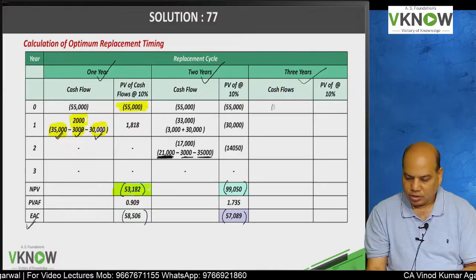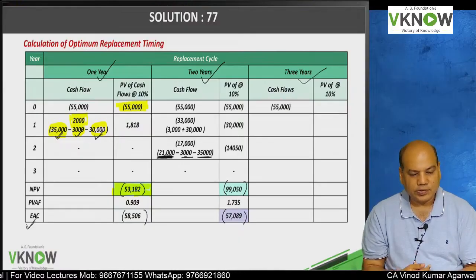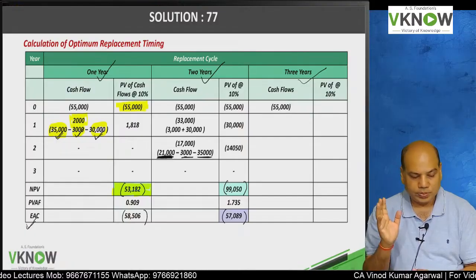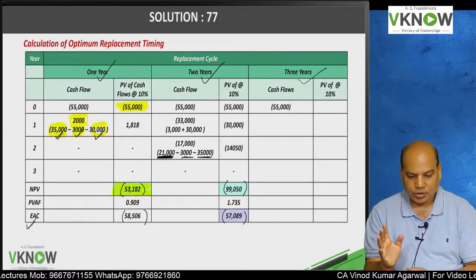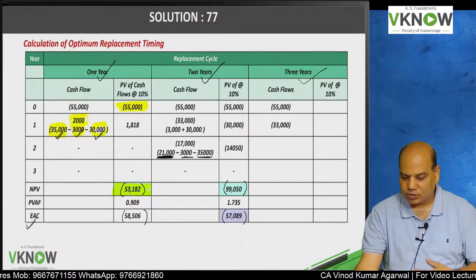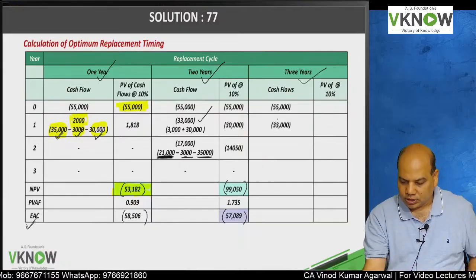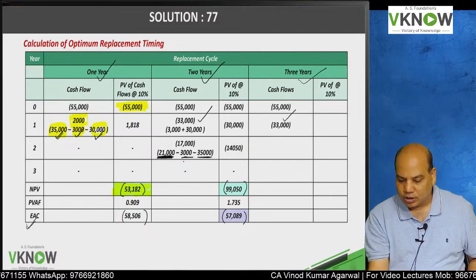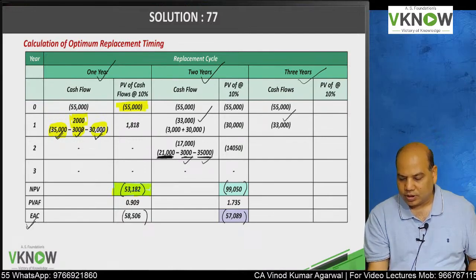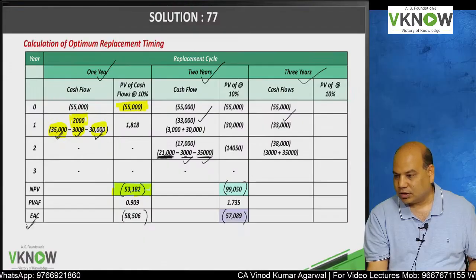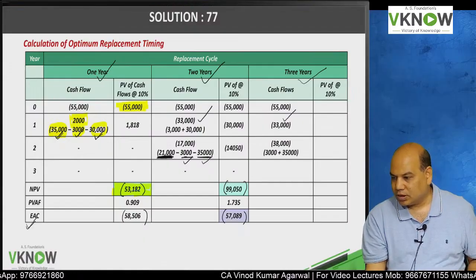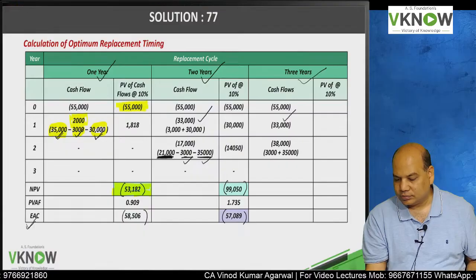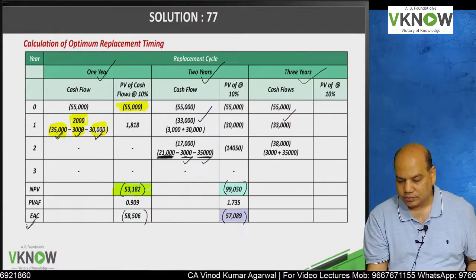Okay. Now we'll go to the replacement cycle of 3 years. In year 0 I am going to purchase the bike. Year 1 has the same cash flow, 33,000. In year 2 only these two costs will be incurred, 3,000 and 35,000, total 38,000.